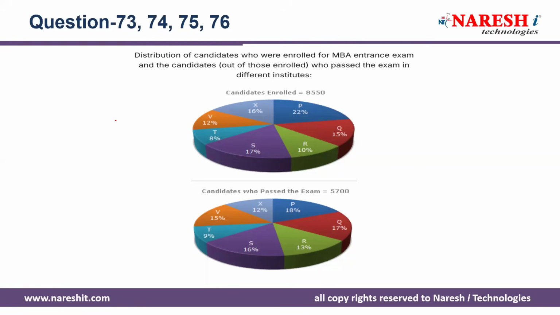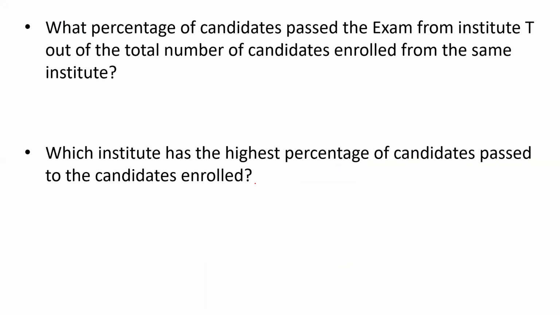So before we solve these values, let's see the first question first. What percentage of candidates passed the exam from Institute T out of the total number of candidates enrolled from the same institute?